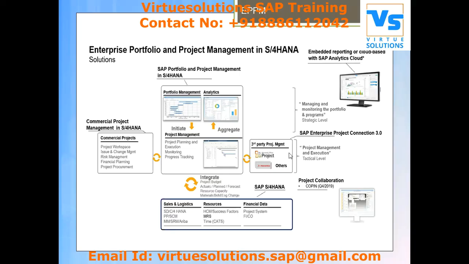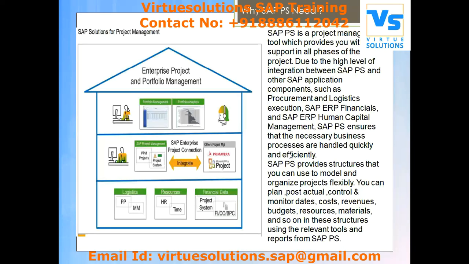Then why is the SAP PS model required? The SAP PS model is a project management tool, due to its high level of integration with the other modules, like FICO, MM, SD, HR, or maybe PPM, CPM, or real estate.